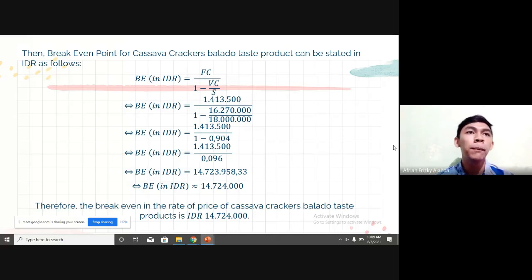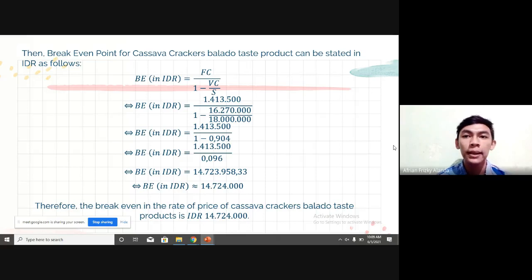And then we find the break-even point for cassava crackers balado taste products, which can be stated in the rate of rupiah as follows. We use the formula of break-even point in the rate of price. We use rupiah here, and we substitute the number of FC, the total variable cost, and the total selling price.